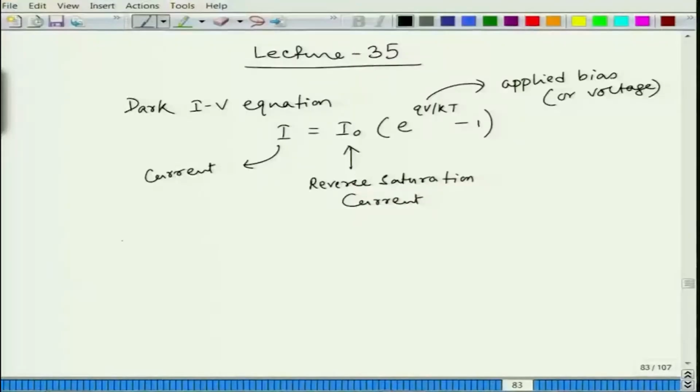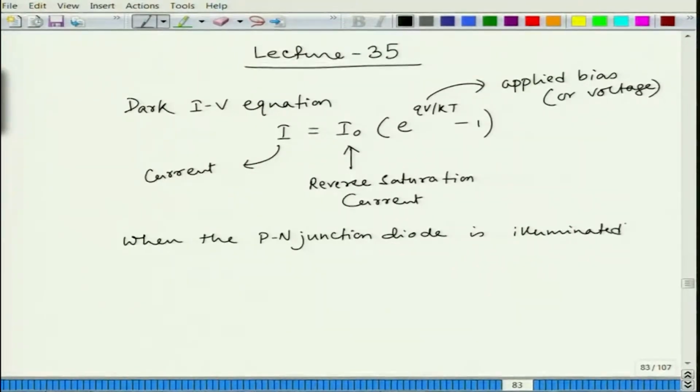Now, when the diode is illuminated with solar radiation, it can be other radiation as well, but to create the radiation you will require energy, so that does not make sense.